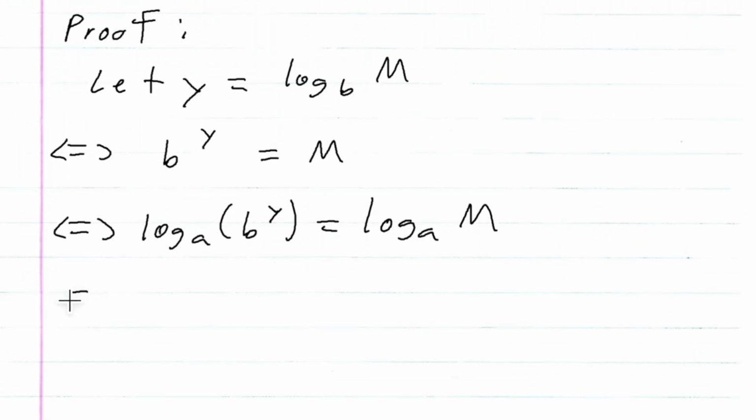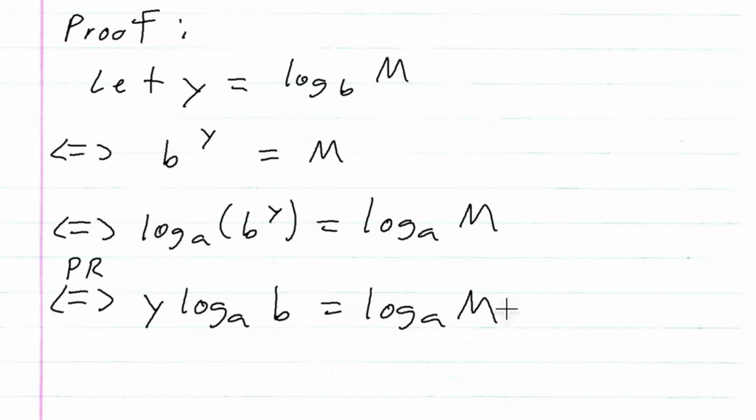Next, we can use the power rule to move this y from this exponent spot to in front of log base a, being multiplied by it. So using the power rule, we can do y log base a of b is equal to log base a of m.